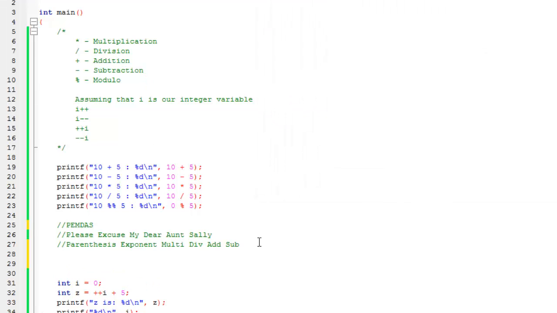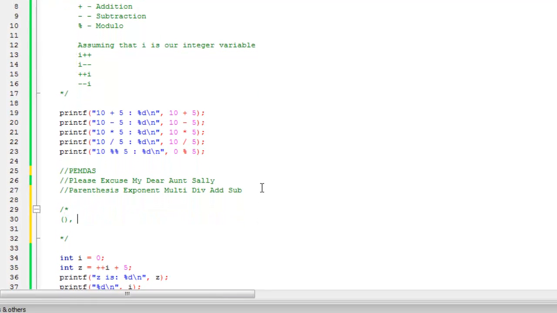So we're going to update PEMDAS a little bit. On the first level, we have parentheses, plus plus our variable, and minus minus our variable. These things all have the same precedence. They happen before everything else within an equation. Then we have multiplication, division, and modulo.